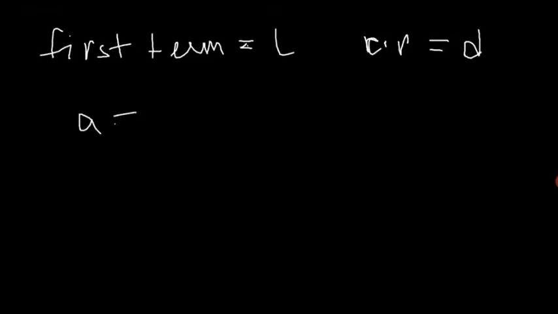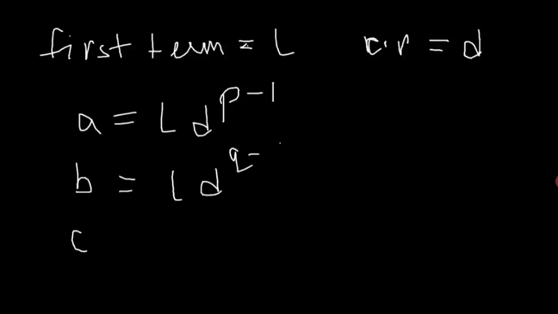So A will be nothing but L d to the power p minus 1, B will be L d to the power q minus 1, and C will be nothing but L d to the power r minus 1.